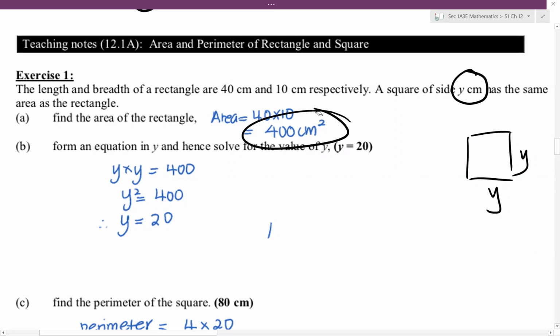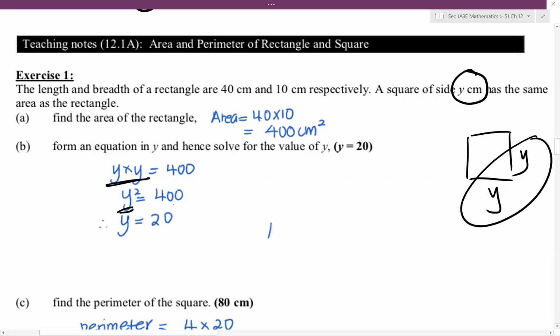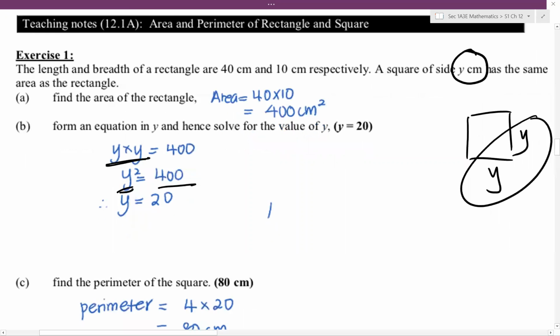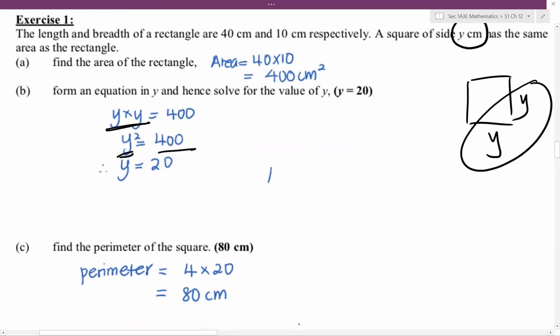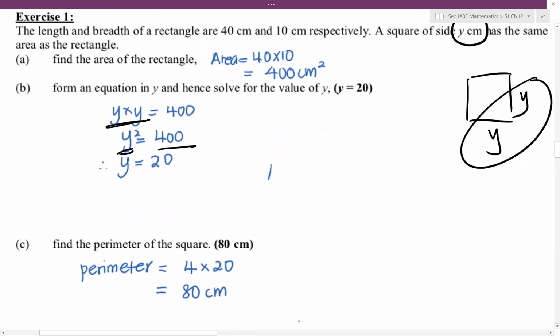Form an equation in y and solve for the value of y. Area is the same. So y times y, giving us y squared, must be 400. So y equals 20. All you had to do was take the square root of 400. The calculator will do that for you. Perimeter, this one is just insulting your intelligence. I'm sure you can do that.